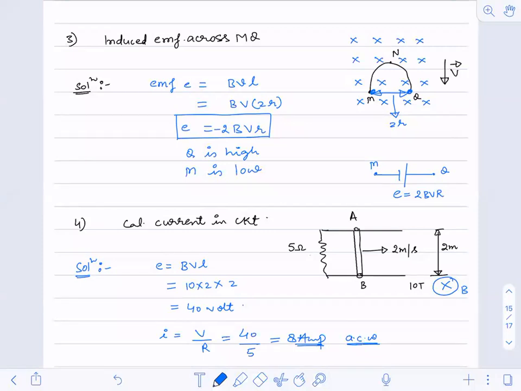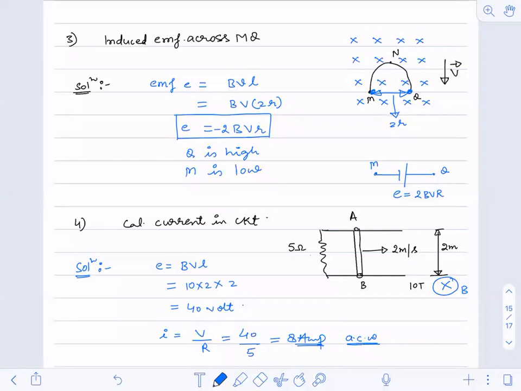Today you'll get the homework. Is right hand thumb rule used? No, right hand thumb rule is not used over here.